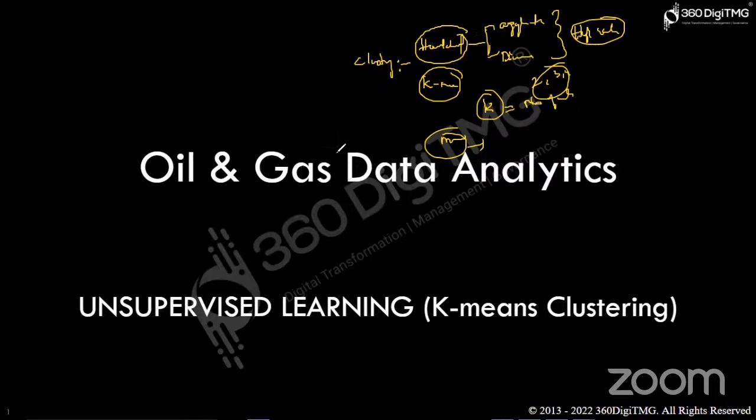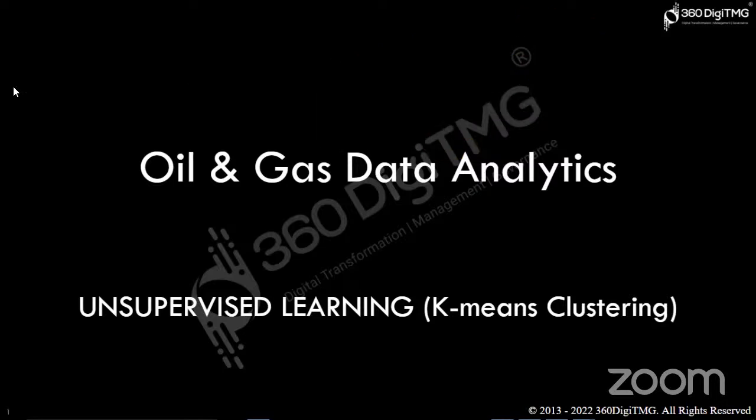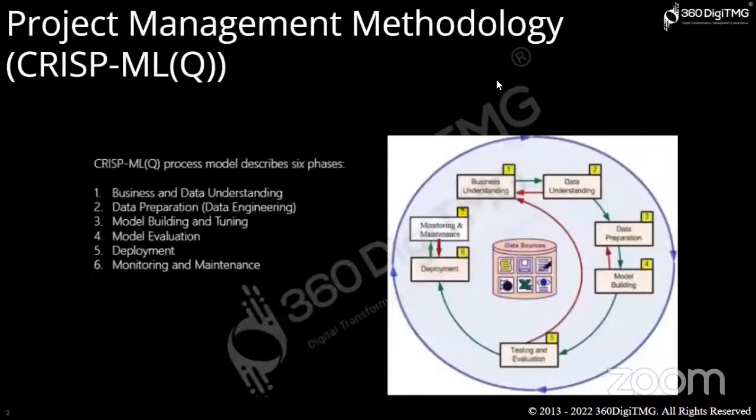So let us see in detail what we have in k-means clustering, and how we use k-means clustering in oil and gas data. Basically, we can work on different techniques.